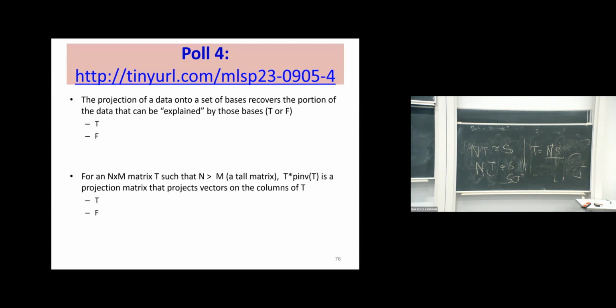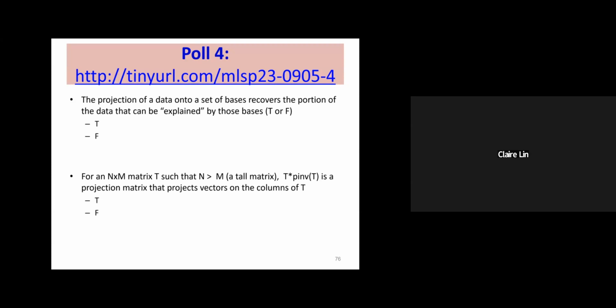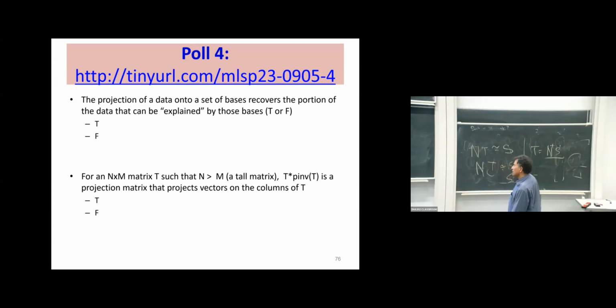That's true, right? If I give you 4 nodes, the projection is recovering the portion that can be explained by those 4 nodes. You get a feel for that, right? Then if my matrix T is a tall matrix, what is Q times pseudo inverse of T?